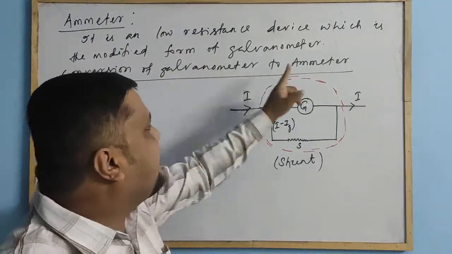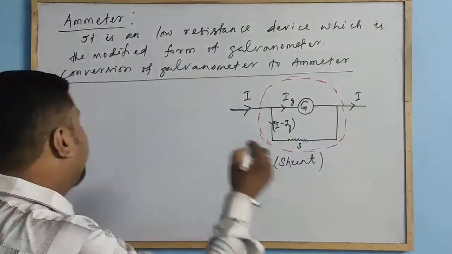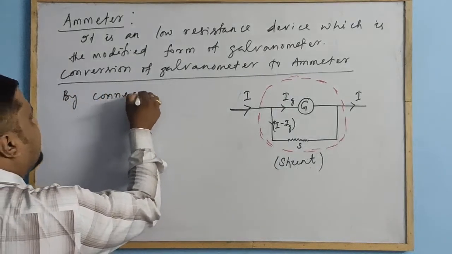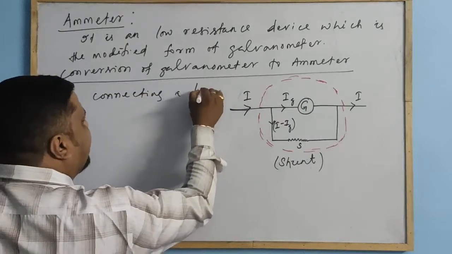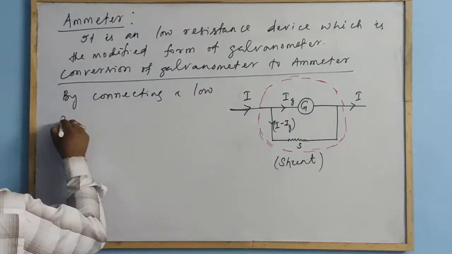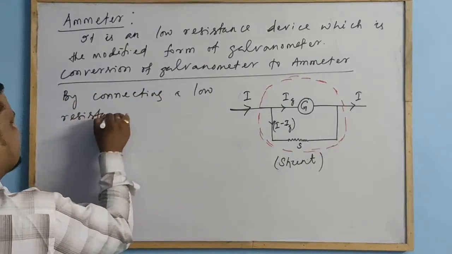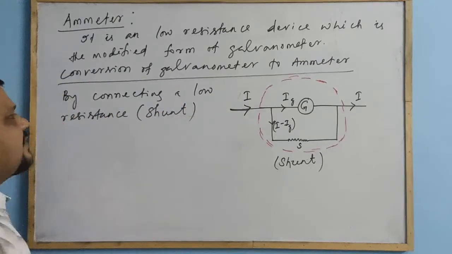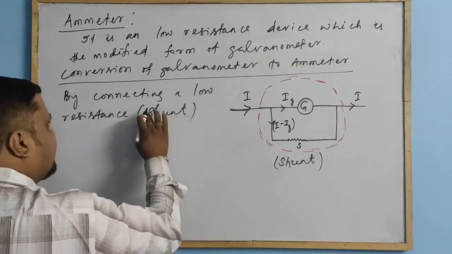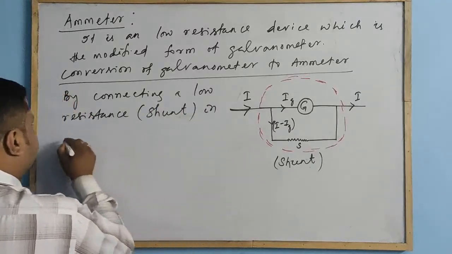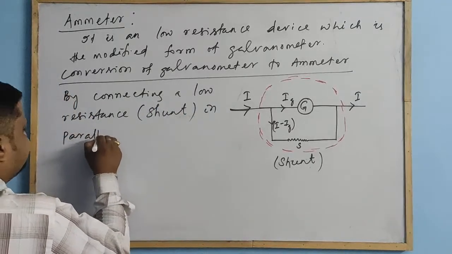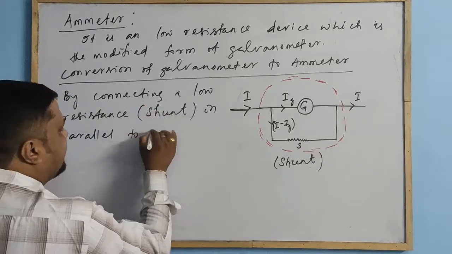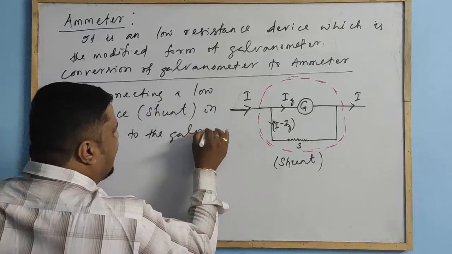So what is the conversion of galvanometer to ammeter? By connecting a low resistance called shunt, S-H-U-N-T, in parallel to the galvanometer.